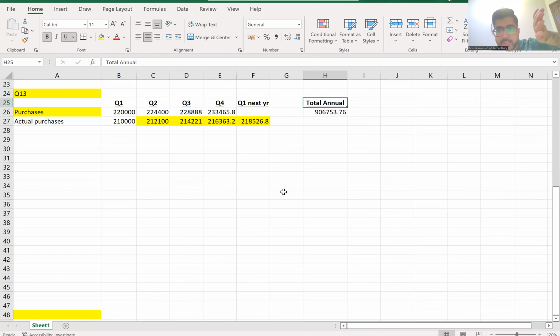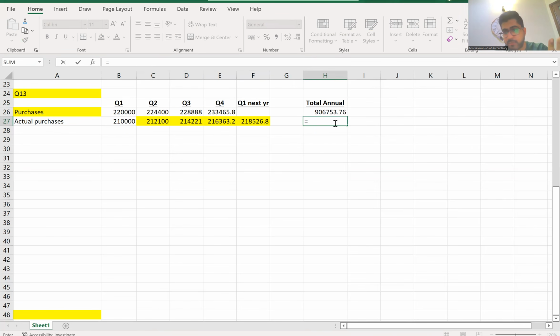When quarter 2 ends, you again update the budget for the next whole year, 12 months or 4 quarters. Annual means the whole year; you cannot keep 3 quarters in 1 year. You have to make the next 4 quarters, and the total will be the sum of them.